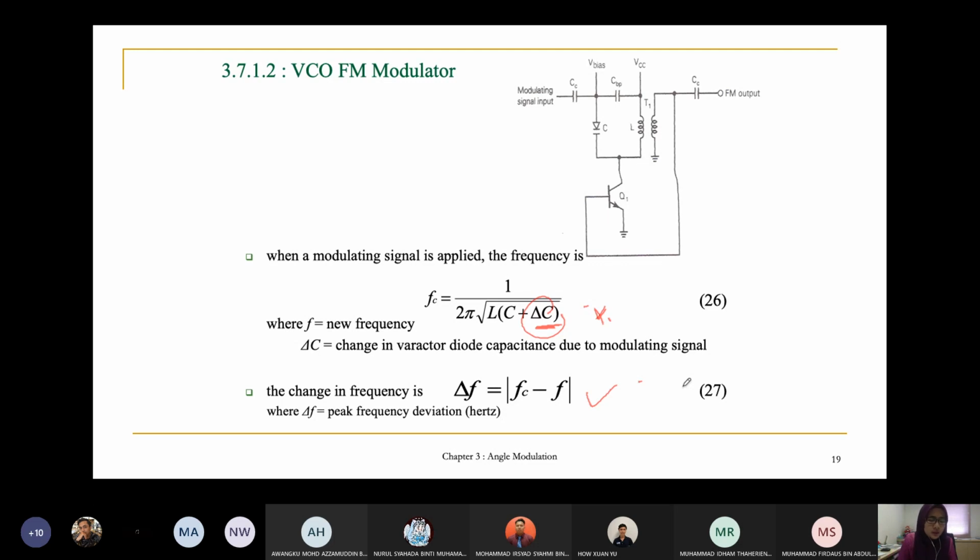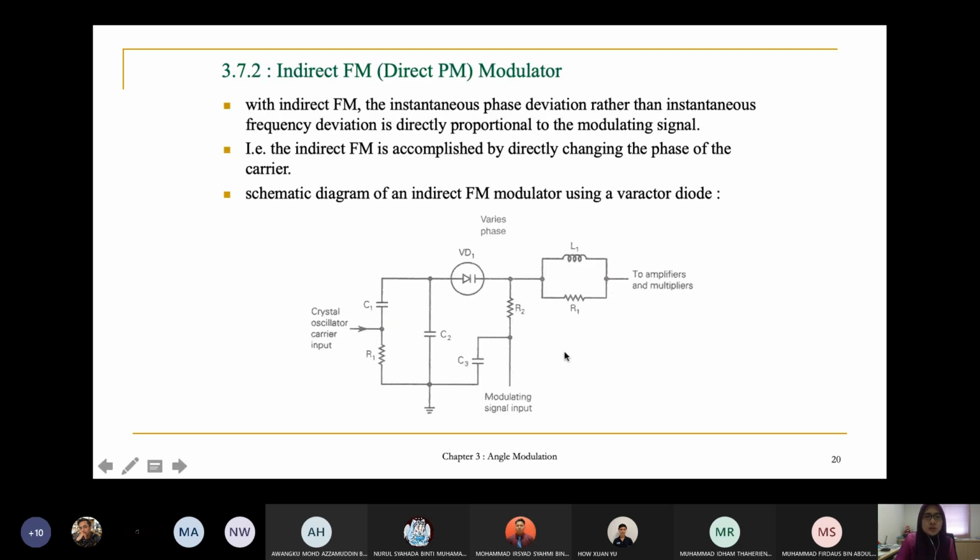Next, let's look into frequency up conversion. Before the frequency up conversion, we have the indirect FM modulator, or direct PM modulator. What is the difference between direct FM and indirect FM?